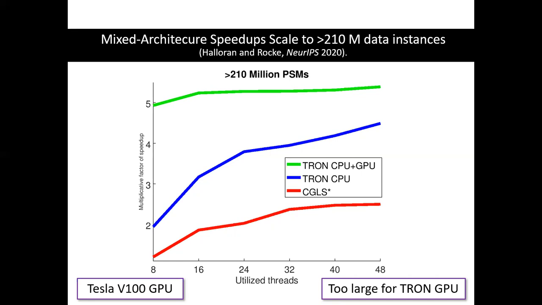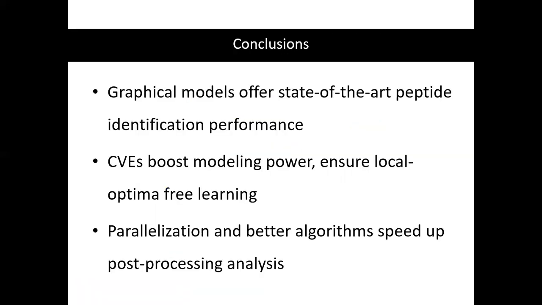So that covers that specific topic. To wrap up, we've seen that graphical models may be used for state-of-the-art protein identification accuracy and peptide identification accuracy. We've seen that convexity, and more specifically CVUs, significantly boost the modeling power of graphical models, while also providing theoretical guarantees for conditional maximum likelihood estimation.